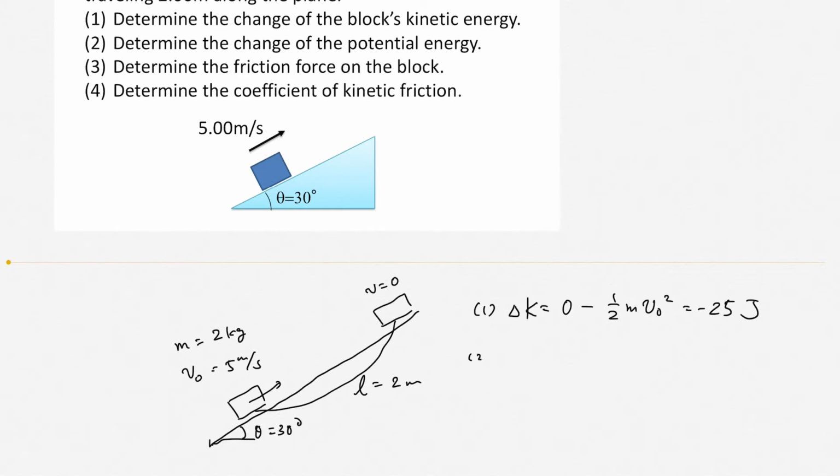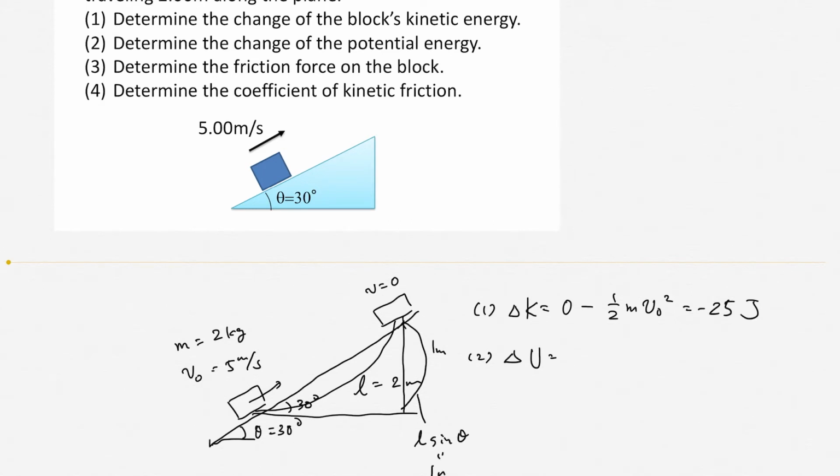The next question is determine the change of the potential energy. So potential energy is increasing by this amount. So this is 30 degrees. The change of the height is 1 meter, because this part is L sine theta.